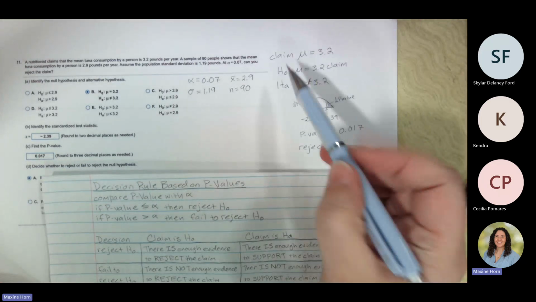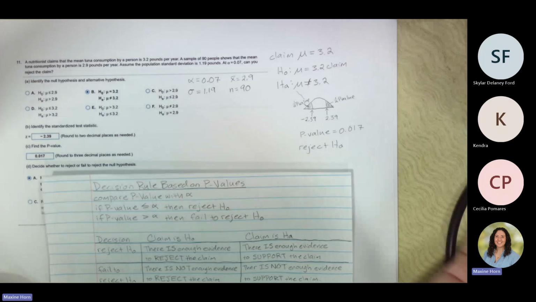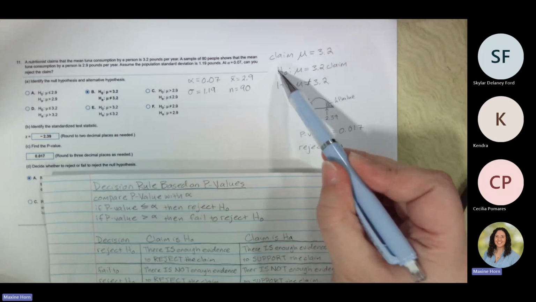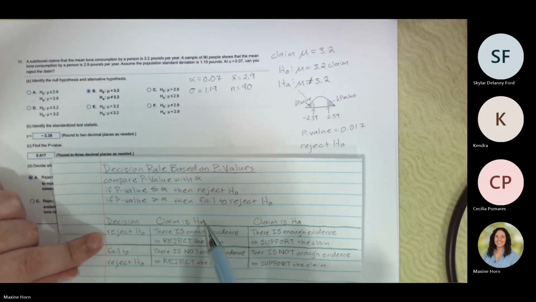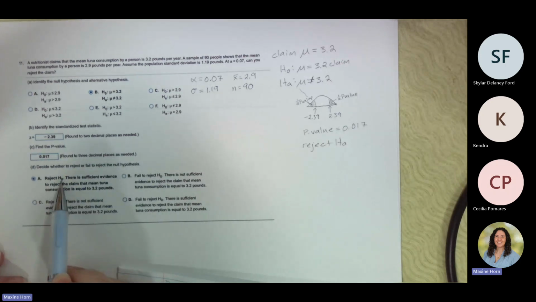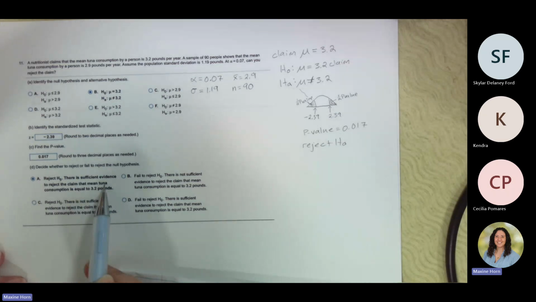Now, was my claim the null or the alternative? In this case, it was the null. So I am rejecting the null, and my claim was the null. So we reject the null, and there is sufficient evidence to reject the claim.